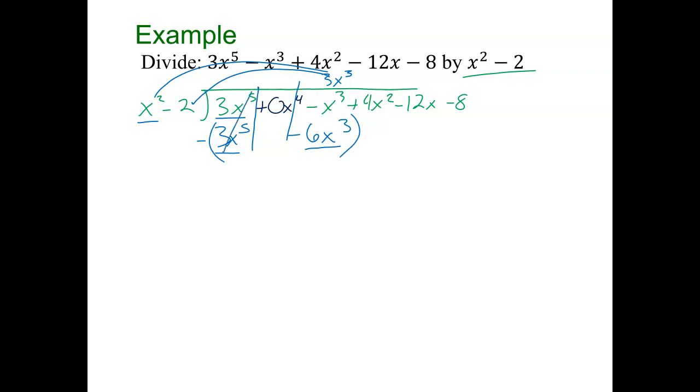That cancels out. 0 minus 0, still 0. So now I don't need it anymore, but we need it just in case. Now I can go to the negative x to the third minus negative 6x to the third. Negative 1 minus negative 6.